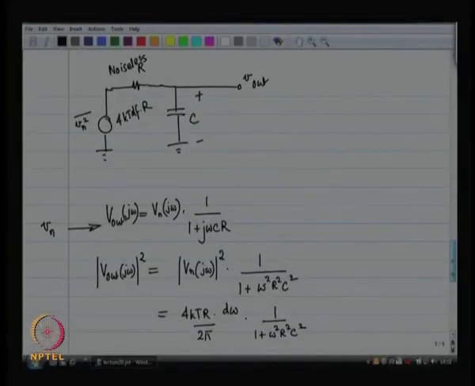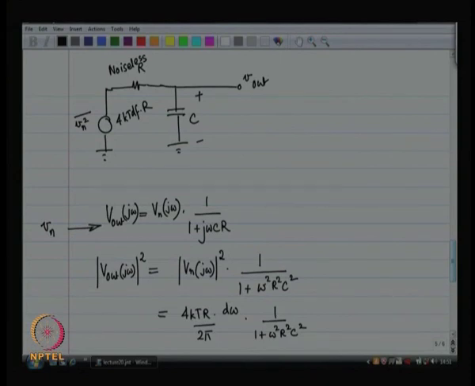So, we started from this story. This was our starting point, and we took a normal RC network. We put a resistor and a capacitor like I have drawn over here, and the question was how much noise do I see at the output.